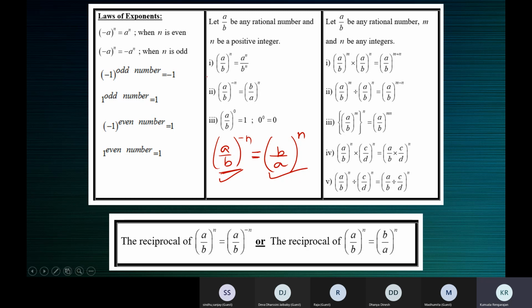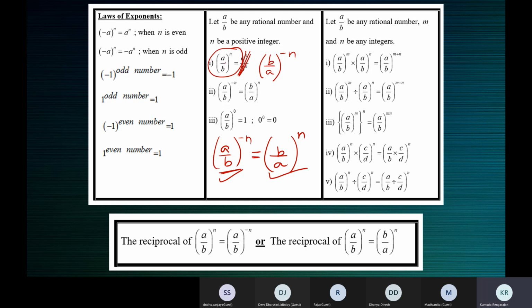Similarly here, children, in the first one also, supposing you want to understand this differently, A by B to the power n, you can write it as B by A, the whole power minus n, if you want to write it with a negative power. If you want to write the equivalent of this expression, you need to do 2 changes.